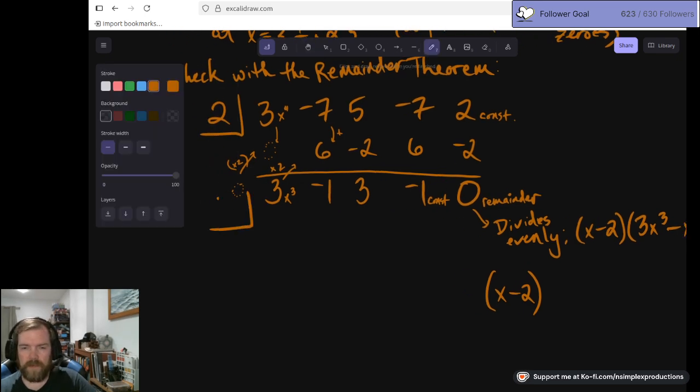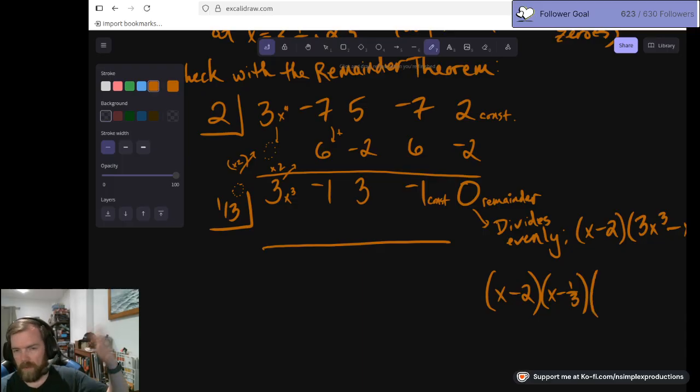Then we are going to divide by a factor of 1/3. This is x minus 1/3. Multiply up, add down, we get a 3. Multiply up, we get a 1. Add down, we get a 0. Multiply up, we get a 0. Add down, we get a 3.